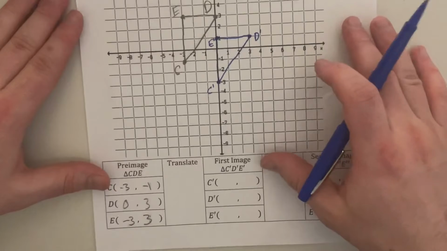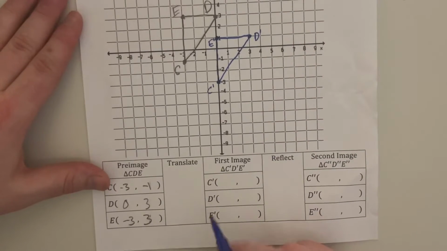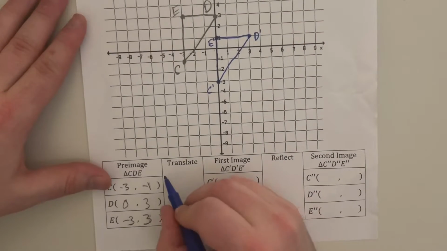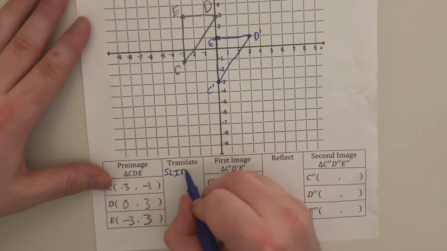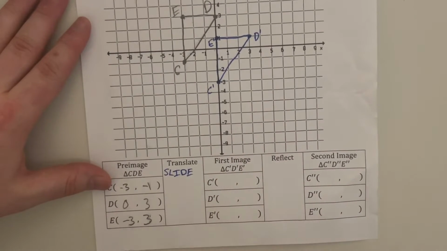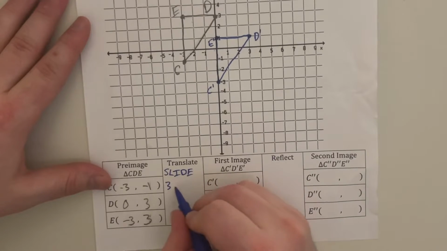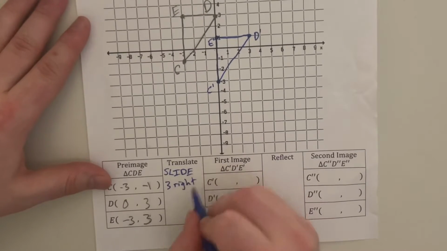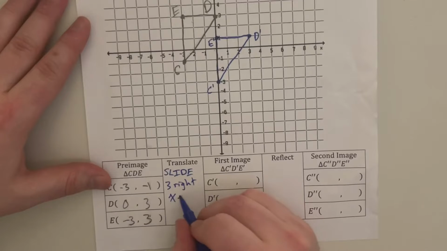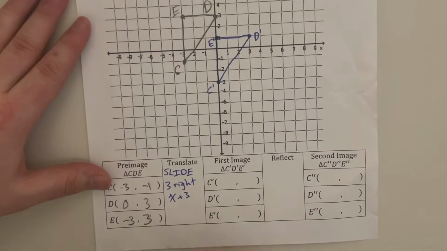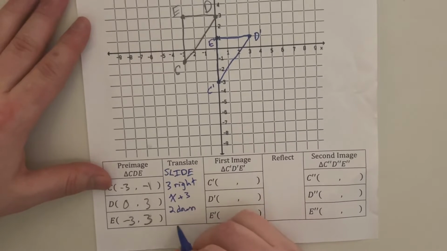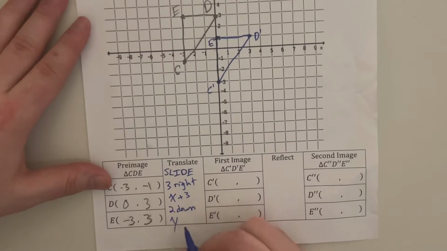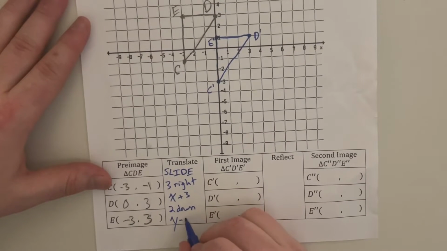Then if you want to work with those points at the bottom, you can say I did this. I slide every time I translate, and I'm shifting 3 right. So the way I do that is I have x plus 3, and then I have 2 down, which just means I take each of my y values minus 2.